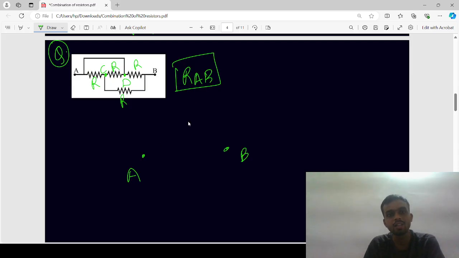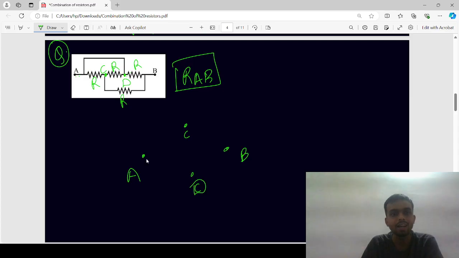And let us put this point as C and this point as D. And one more thing is that A and D are connected through a wire which is having no resistance.